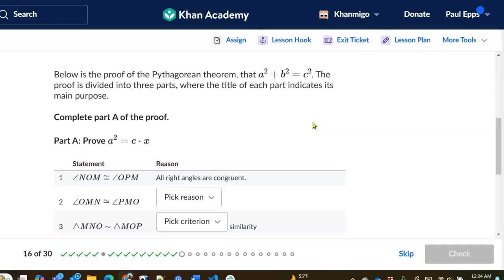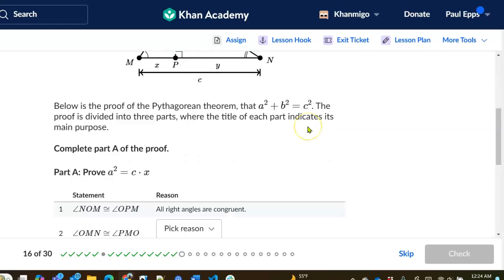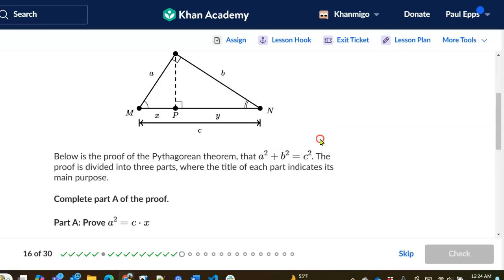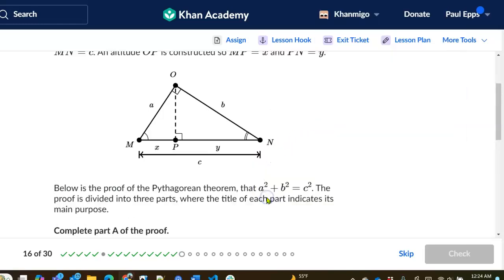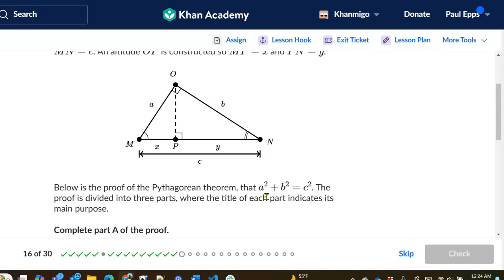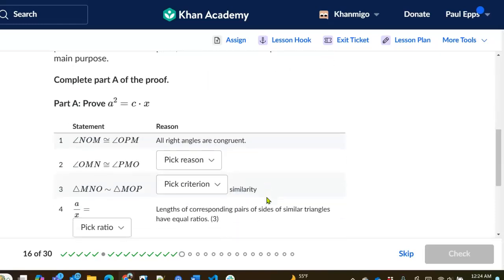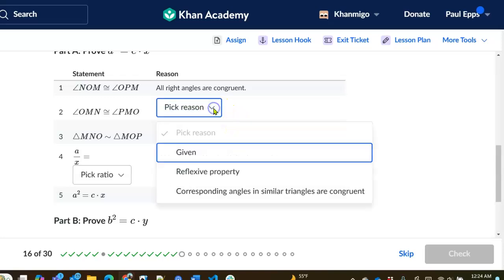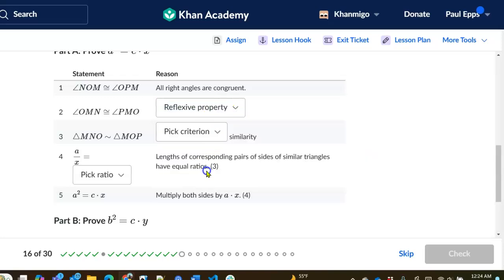OMN is congruent to PMO. Yeah, well, it's the same angle. So, yeah, reflexive property, same angle.